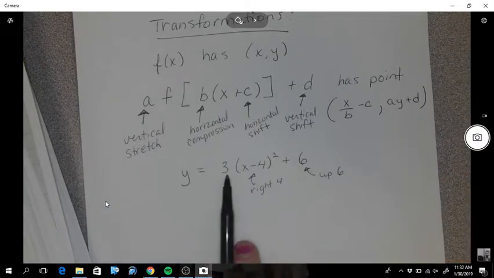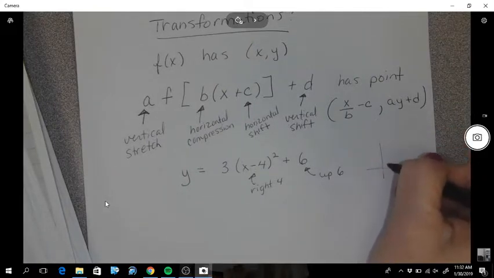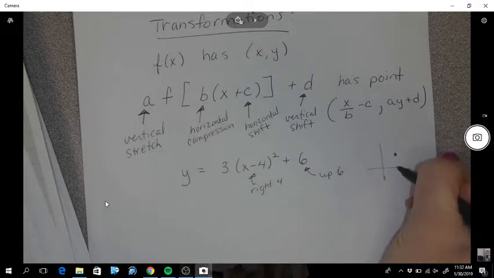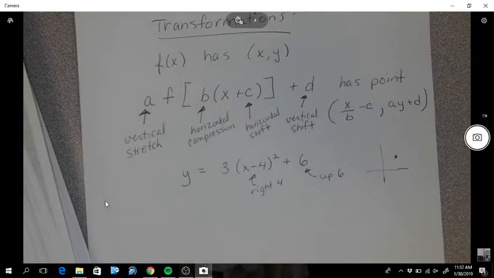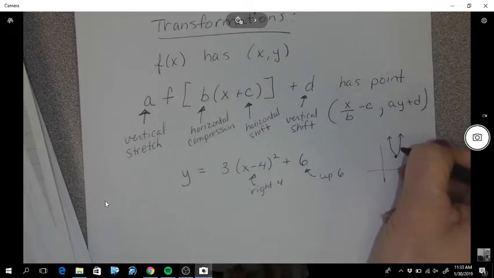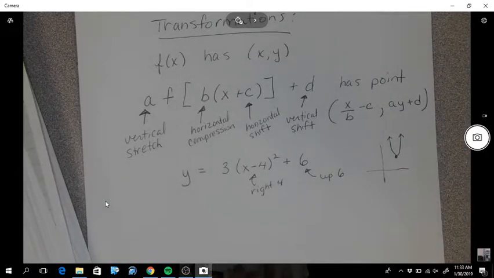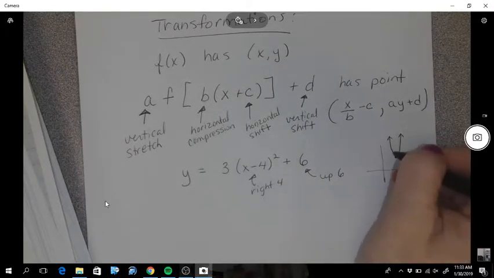And then this 3 as a multiplier makes those vertical points stretch. So here's our vertex. It already moved 4 and up 6. And then our points get stretched out. Instead of moving 1 over, 1 up, I'm going to now go 3 up from there. So it's stretching out those y value points.